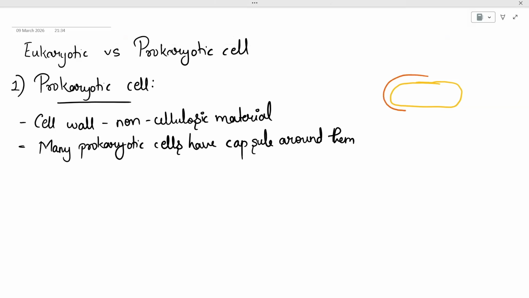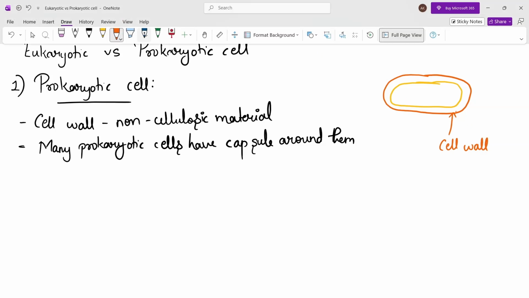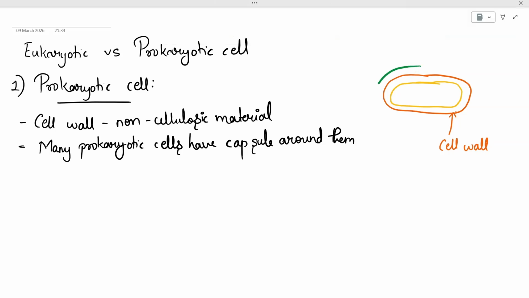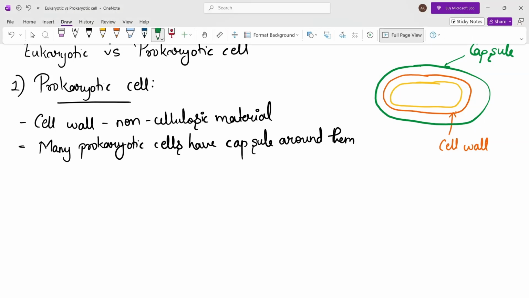Now on the outside of this you will find the cell wall. Then surrounding the cell wall you will find the capsule. This green color structure is the capsule. So this is how the things are arranged here.